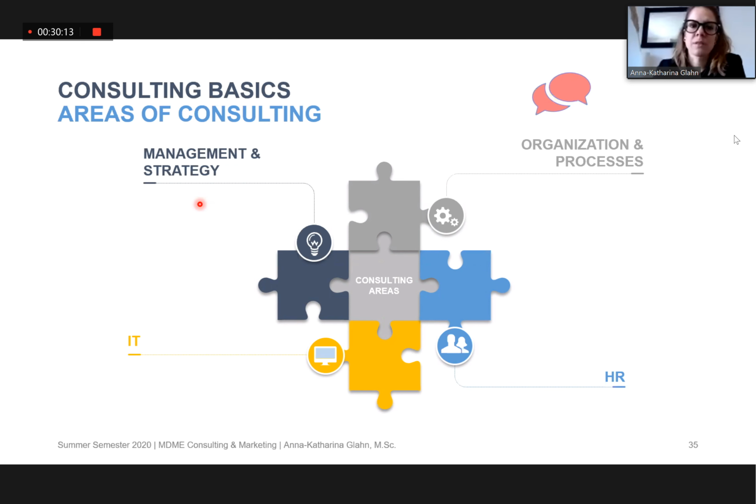So this is nothing defined in the academics, but I think it's a good way to separate the different areas. So it's the management and strategy area, organization and processes, IT and HR. And of course, in these areas, we do have specific sub-areas we will work on. And this is something we will do next week on Monday.